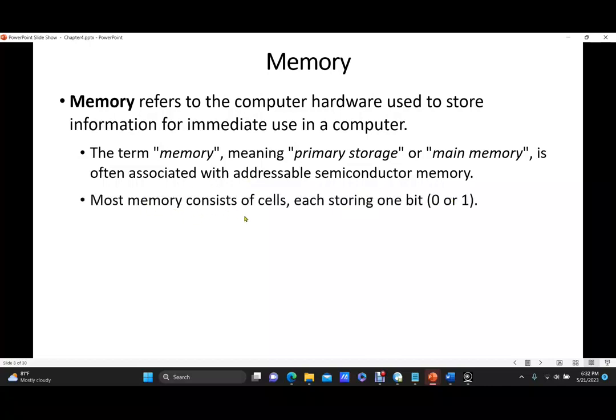Most of the memory consists of cells, each cell storing 1 bit of information that can be represented as a 0 or a 1.